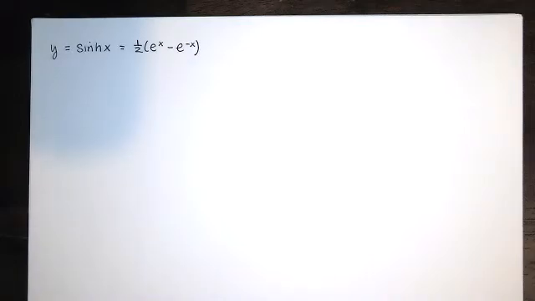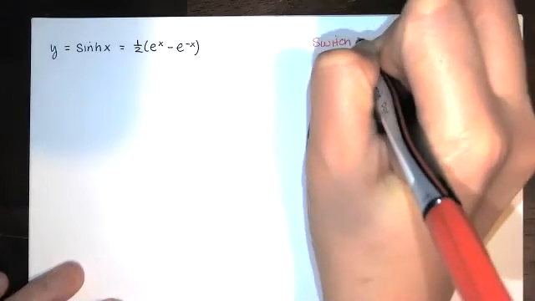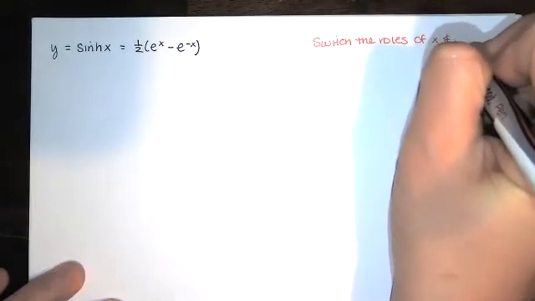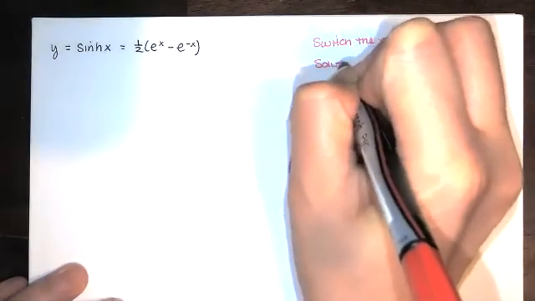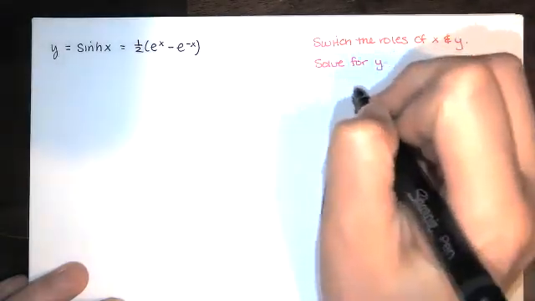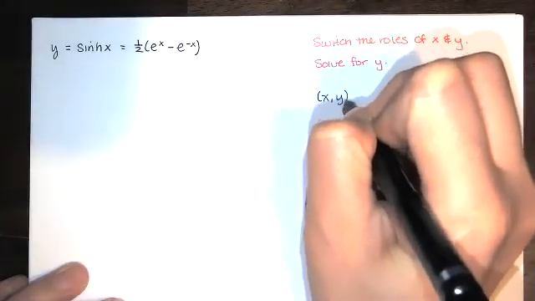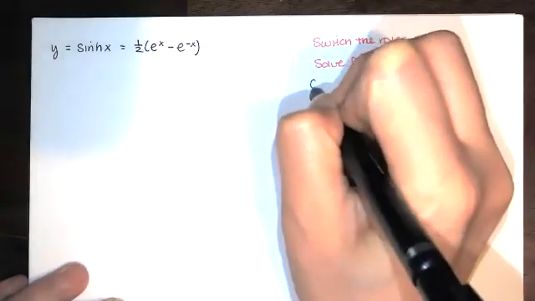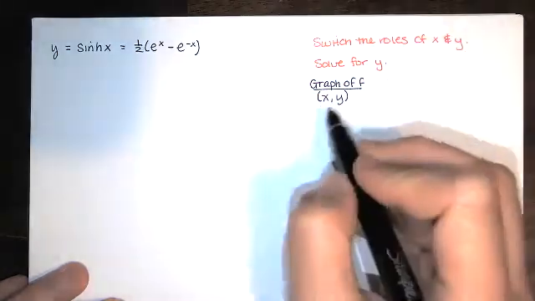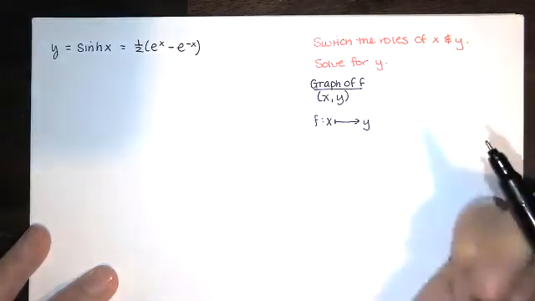And the reason that worked is because these are inverse functions. Because this is basically the idea. If (x, y) is a point on the graph of f, we're thinking of this as a map. f takes x and it maps it to y.